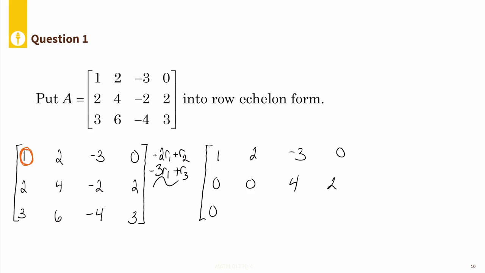Negative 3 times 2 plus 6. 0. Negative 3 times negative 3 plus negative 4. So negative 3 times 0 plus 3.